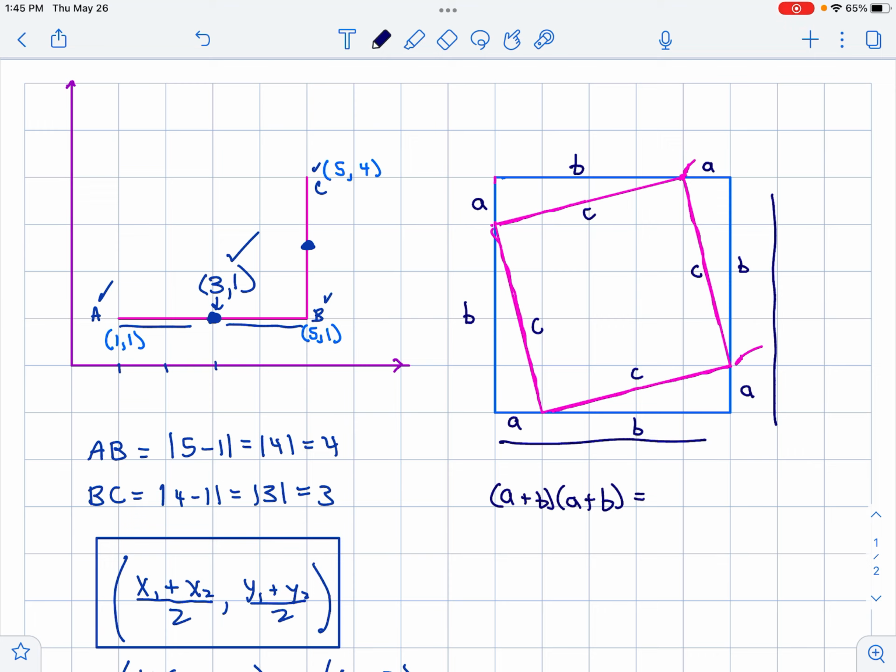Which, if we multiply that out, we get A squared plus AB, plus another AB, plus B squared. So we get A squared plus 2AB plus B squared. That's the area of that whole big square.